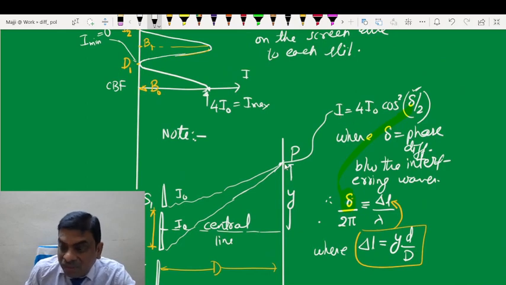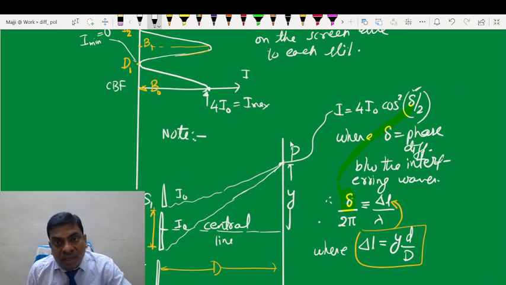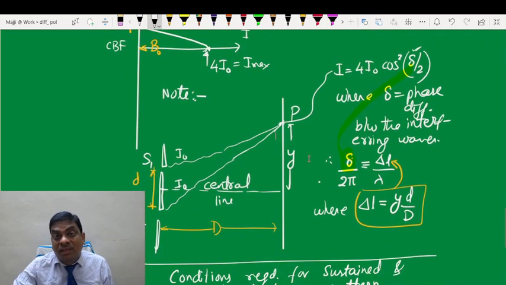So accordingly the intensity will keep fluctuating at the point with time, and the variation is at such a tremendous speed that on an average our eyes will not be able to detect this variation, and we'll have the feeling that the intensity is uniform. We'll get the average intensity distribution, which is simply I naught plus I naught, that is 2 I naught, everywhere.